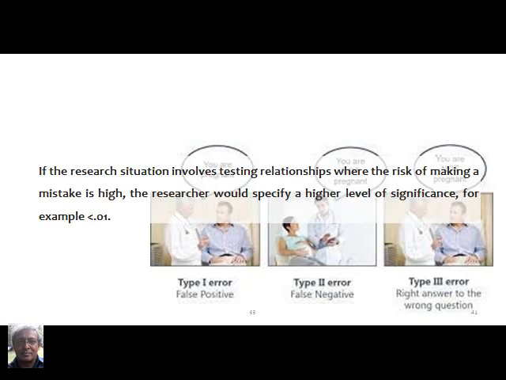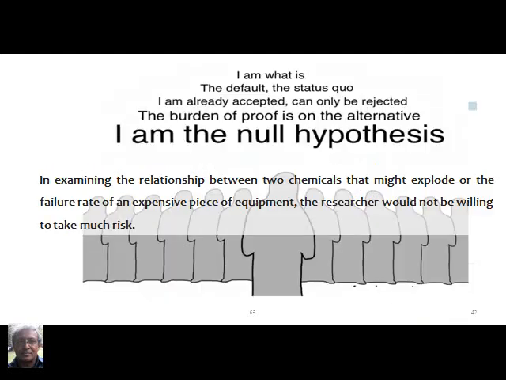If the research situation involves testing relationships where the risk of making a mistake is high, the researcher would specify a lower level of significance, for example, less than 0.01. In examining the relationship between two chemicals that might explode or the failure rate of an expensive piece of equipment, the researcher would not be willing to take much risk.